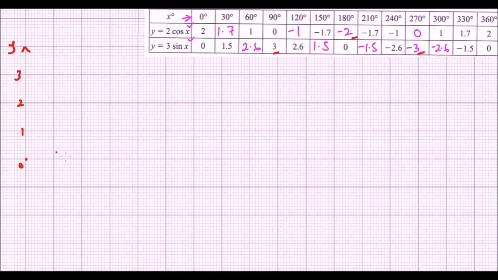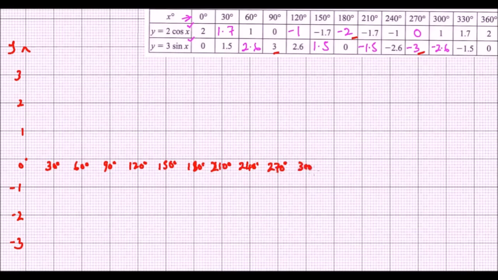Along the x-axis, then we say this is 30, 60, 90, we have 120, we have 150, we have 180, we have 210, we have 240, we have 270, then 300, then we have 330, and finally we have 360.